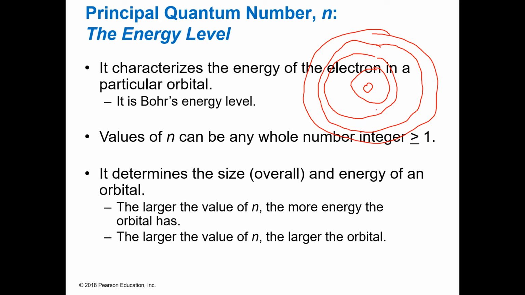N can only be a whole number. It determines the overall size and the energy of the orbital. So the larger the n, remember if n equals 1 versus n equals 2, the larger the n, the more energy the orbital has. And that's simply, again, because it's further away from the nucleus.